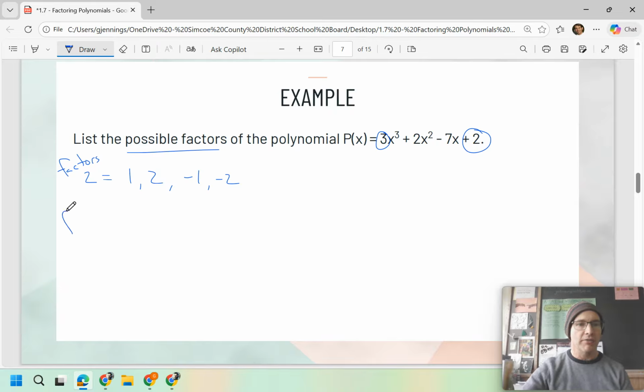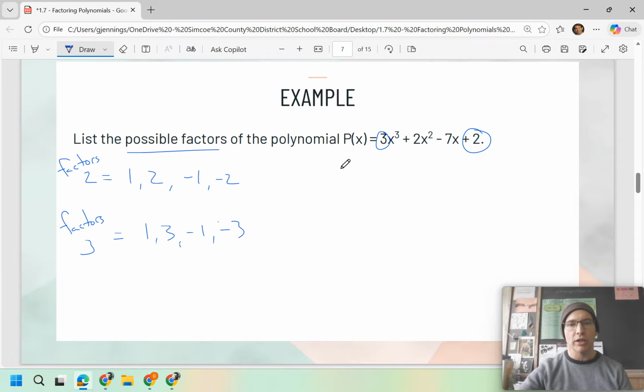And then the factors of 3, we just have 1, 3, -1, and -3. These are uninteresting numbers because they're prime, so they only have themselves and 1. But if we're looking for possible factors, we want to look at the factors of the constant divided by the factors of a. So what are now our possibilities?